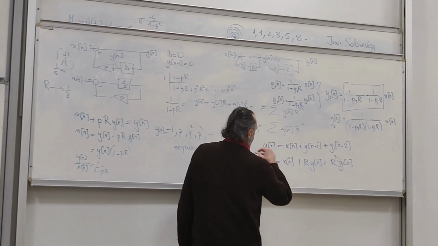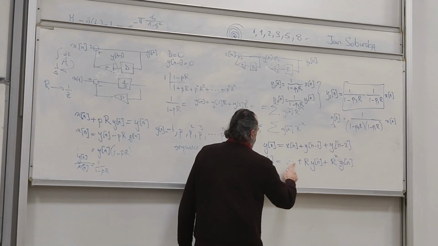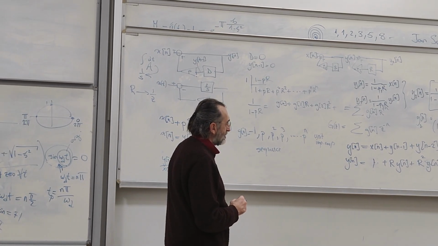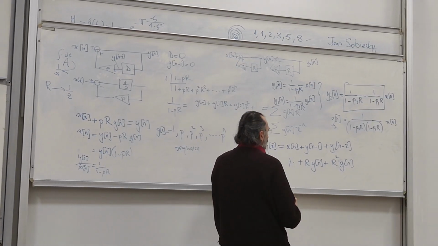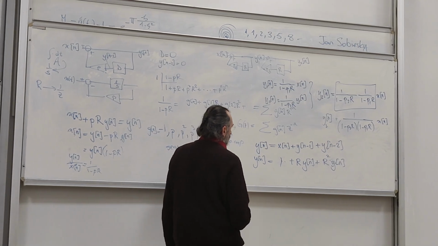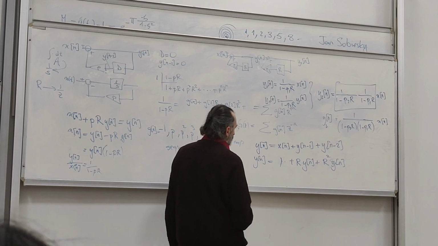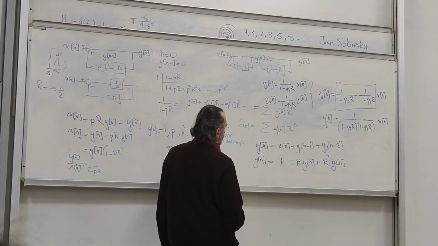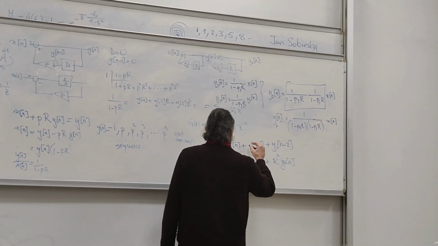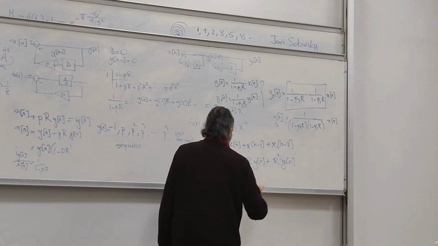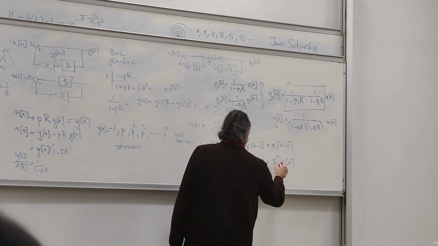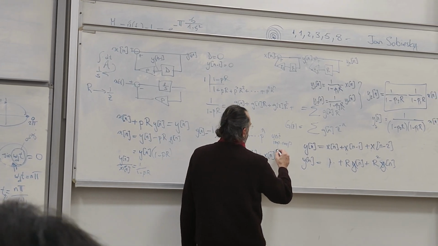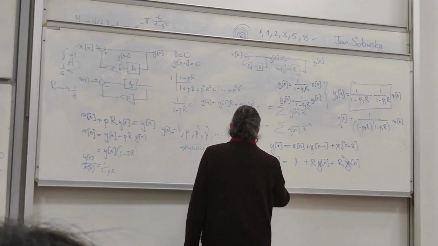And x of n is 1, of course. So y of n is equal to x of n times 1 plus R plus R squared.